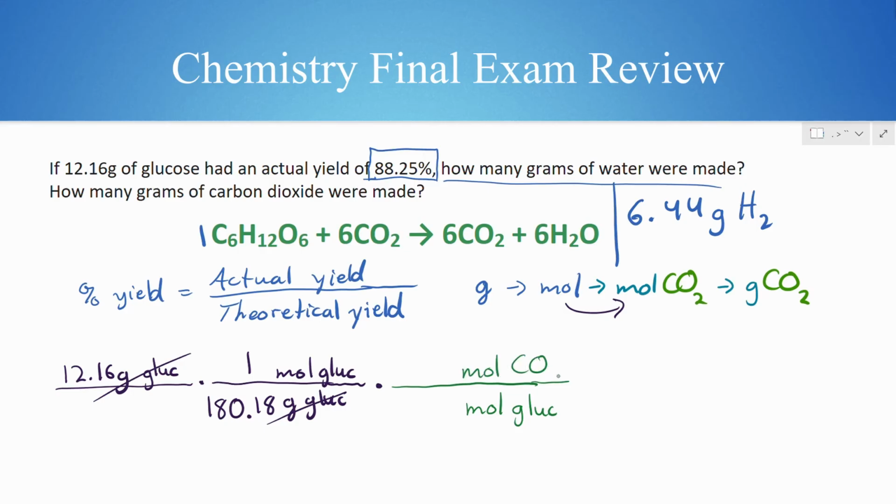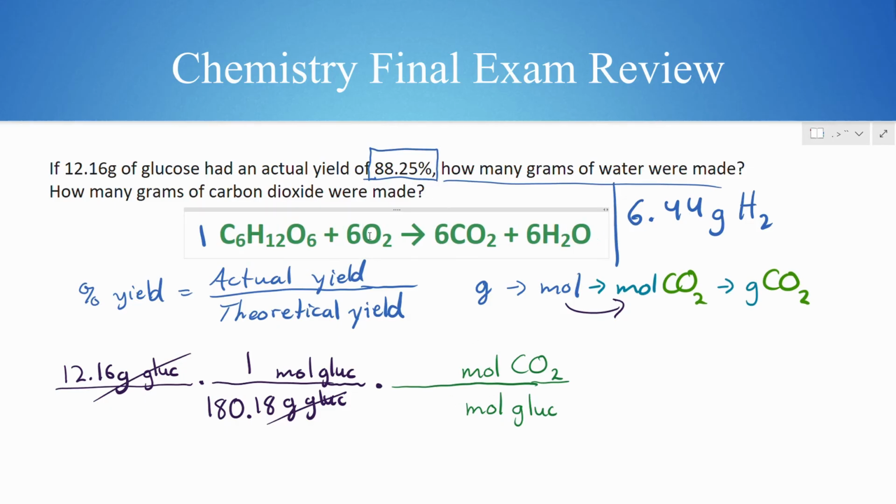Now, to do this mole-to-mole conversion, we need to look at the balanced equation, and it turns out that for every 1 mole of glucose, we have 6 moles of carbon dioxide. Okay, so we're going to cancel out the moles of glucose, and then we're going to convert to grams of carbon dioxide. So this is going to use the molar mass of carbon dioxide.